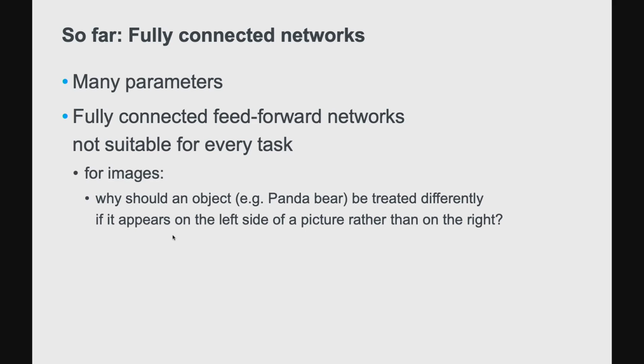So far, what I showed you were always fully connected networks, or not always. We had this one example with a mixed Gaussian. But most of the time with neural networks, we looked at fully connected networks, where you have the different layers, and one previous layer informs every unit in the next layer.